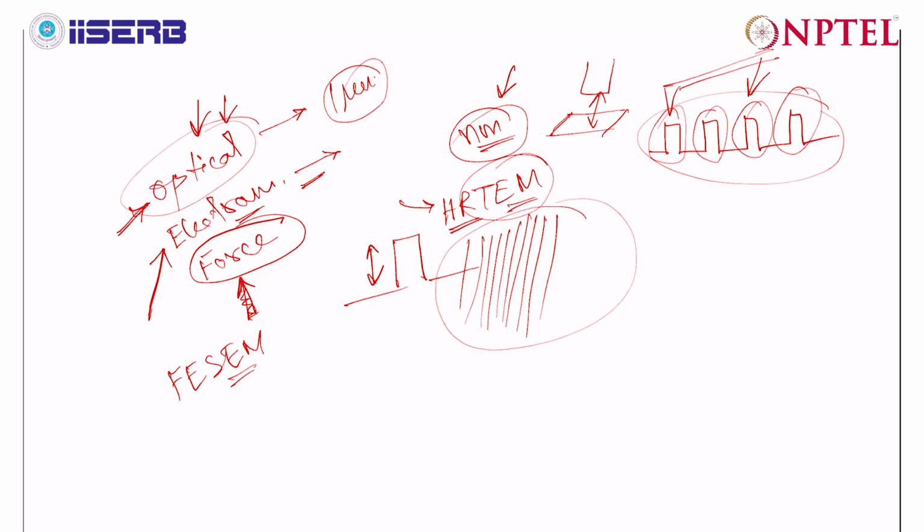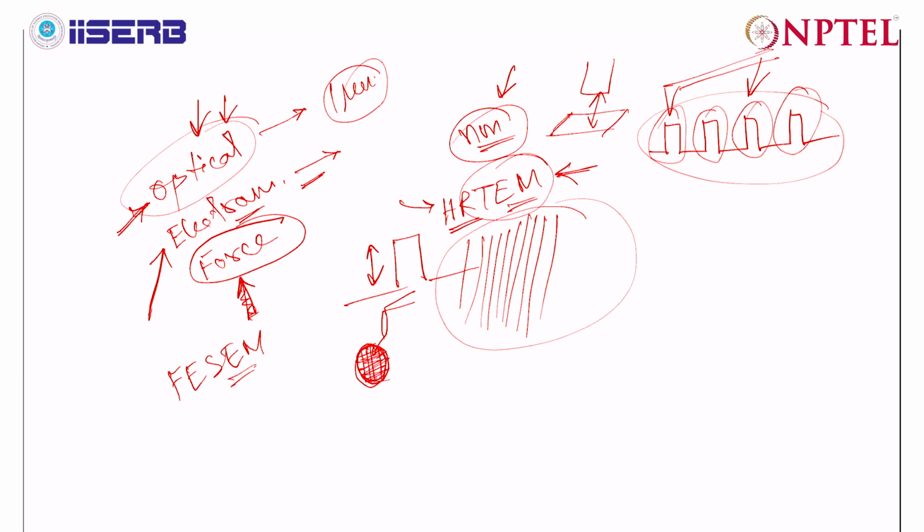If you need a very small feature size, you can go to TEM and image the same. But the thing is, sample preparation in TEM is not very straightforward. In case of TEM, you have a small grid, we call it a TEM grid, which has a mesh, and then you drop cast the sample on top of this.